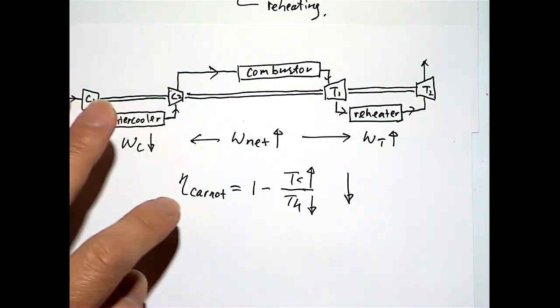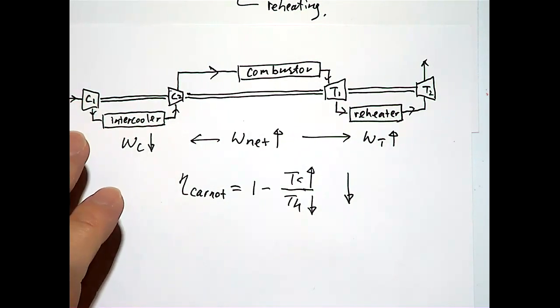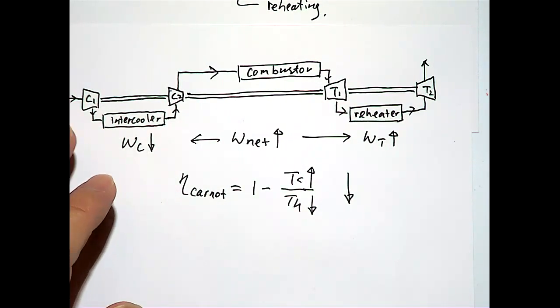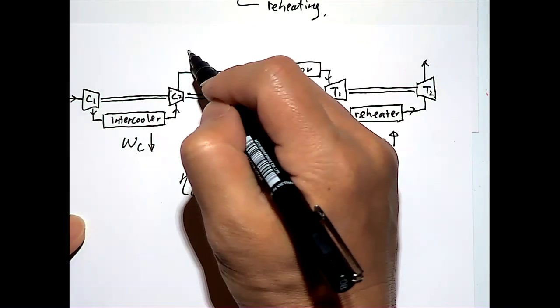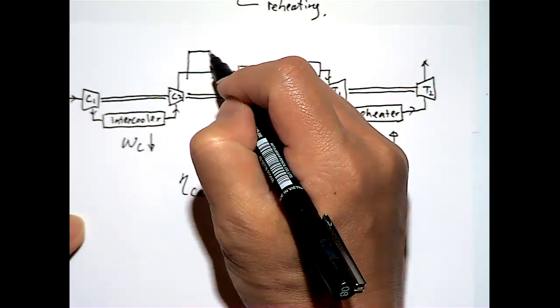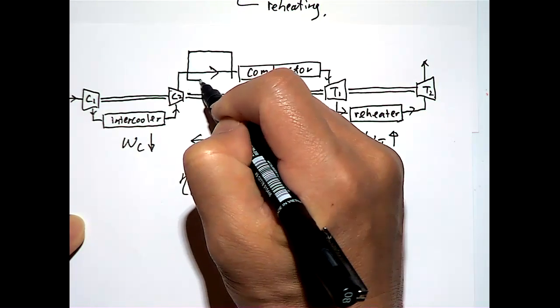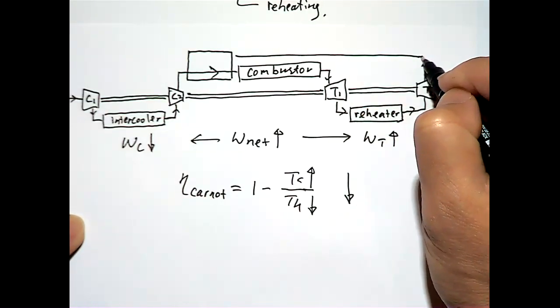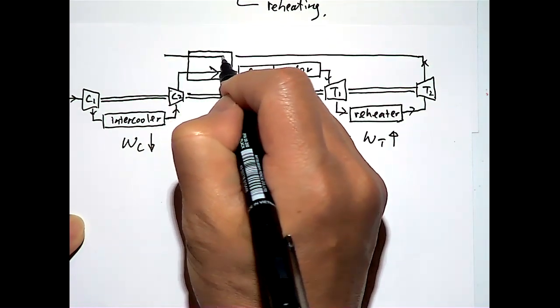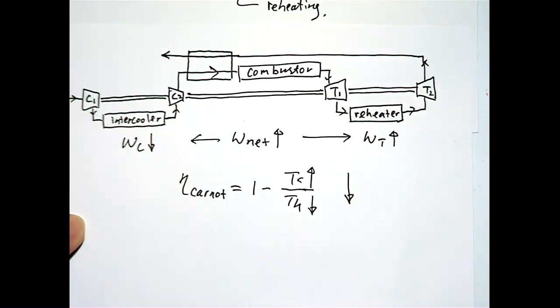So that's why when you're using an intercooler and/or reheater, you always want to use the regenerator to make up the efficiency loss. That's why I left some space here, so that we can add the regenerator here.